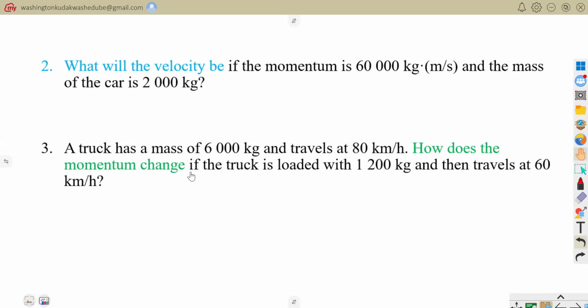How does the momentum change if the truck is loaded with 1,000 kg and then travels at 60 kilometers per hour? Okay, fine. Here we are going to assume that initially the truck is moving in that direction. We are going to assume that the truck is moving in that direction.